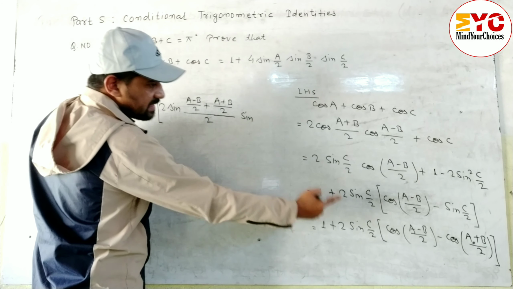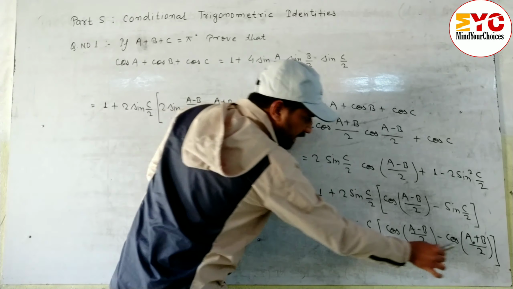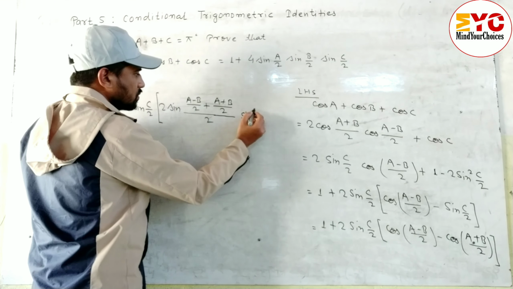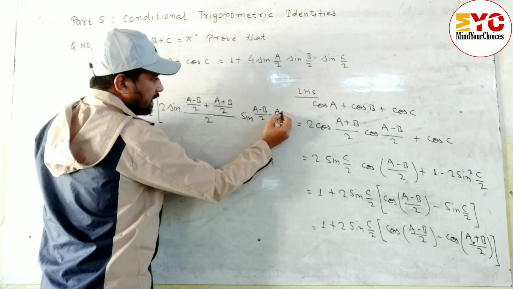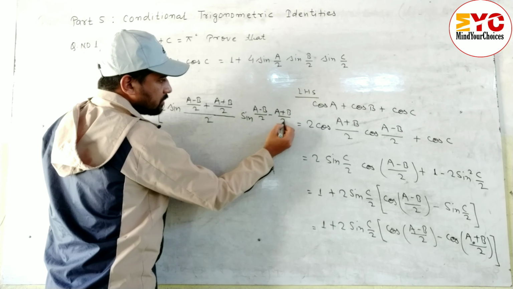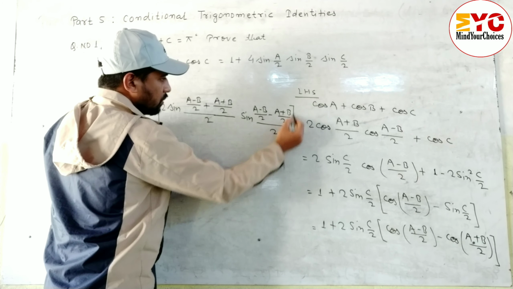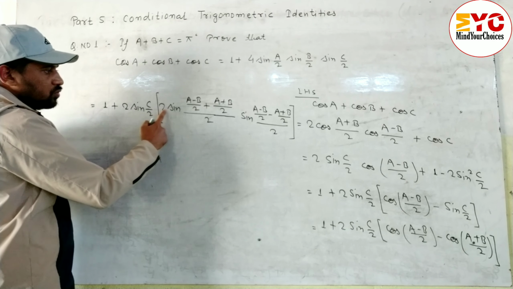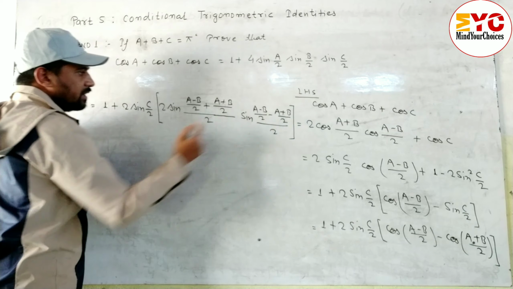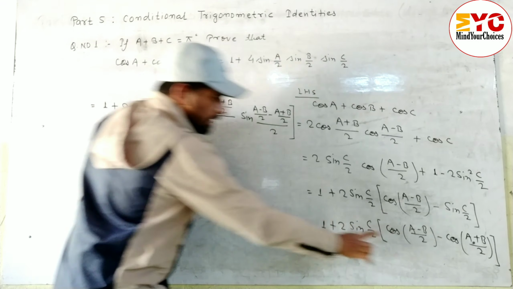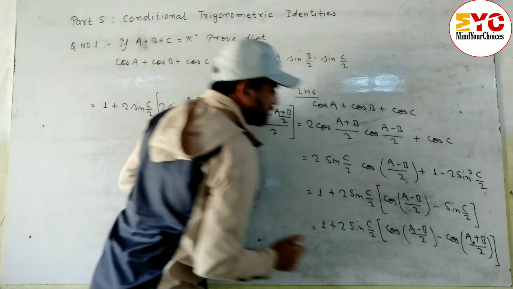Sin c minus d by 2, c means a minus b by 2 and d means a plus b by 2. So here a minus b by 2 minus a plus b by 2, all by 2. You can see here properly: 2 sin c plus d by 2 sin c minus d by 2, where c means a minus b by 2 and d means a plus b by 2.